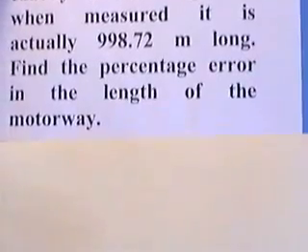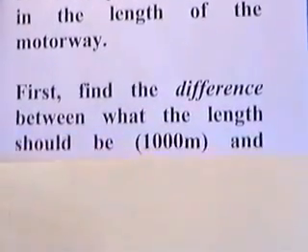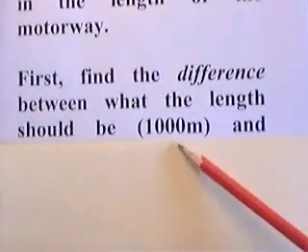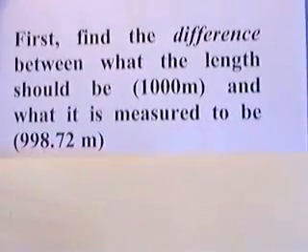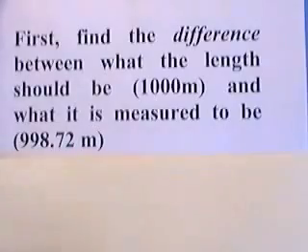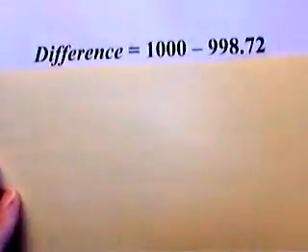Well, your very first step is to find the difference between what the length should be, which is 1,000 meters, it should be a kilometer long, and what it is measured to be, what it actually is, 998.72 meters. So to find the difference between those two, you of course have to take one from the other. Okay, there it is.